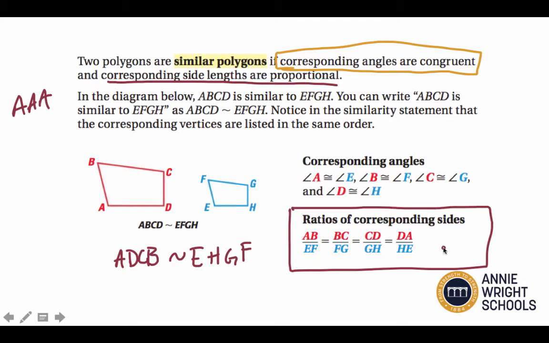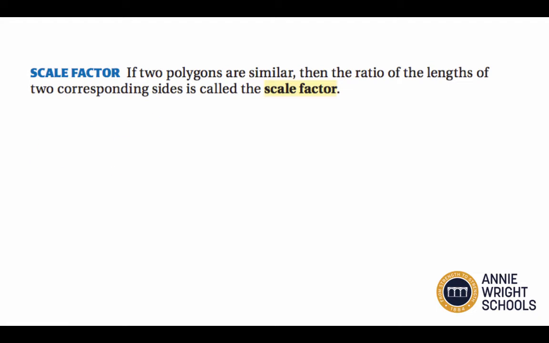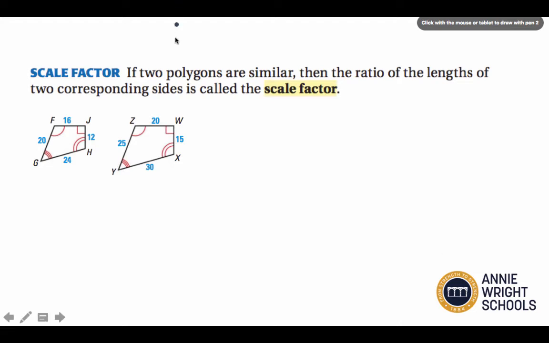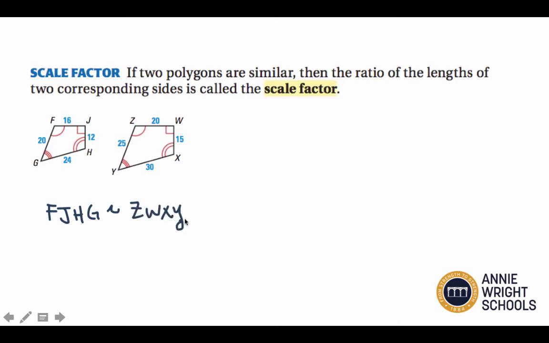So let's look at a practice problem. If we were to try to find the scale factor here, and the scale factor is just that ratio, we can see F and Z, J and W, H and X, G and Y. So we know FJHG is similar to ZWXY.